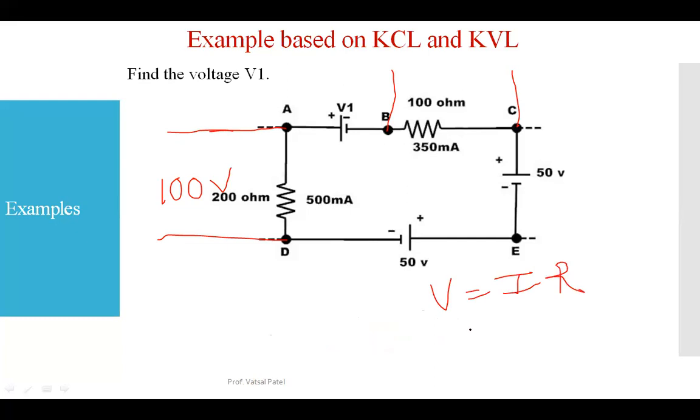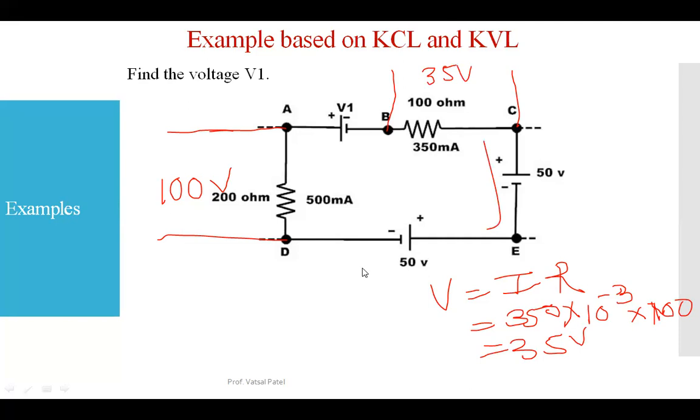So I is equal to what? 350 multiplied by 10 to minus 3 multiplied by 100. So how much voltage are we getting here? 35 volt. So this is 35 volt across the B and C point.